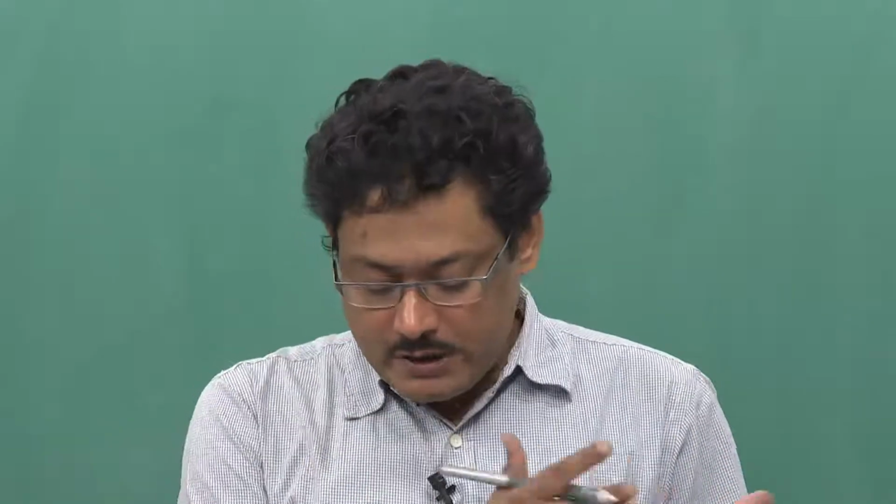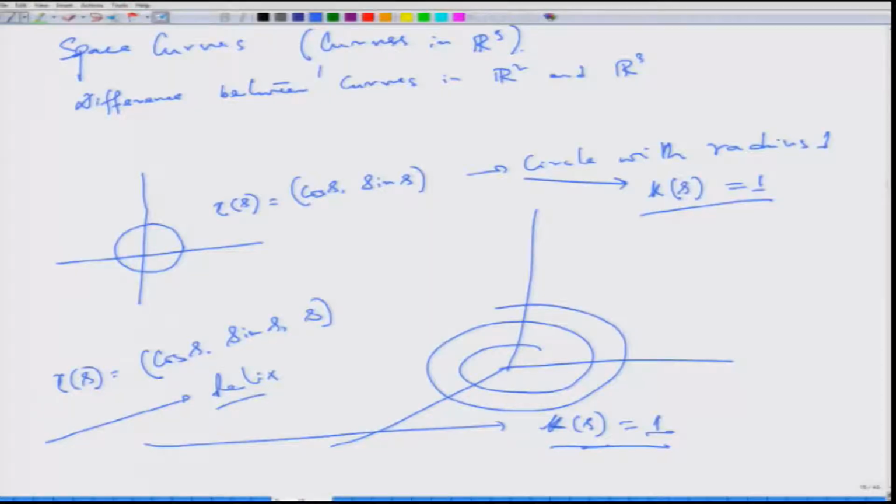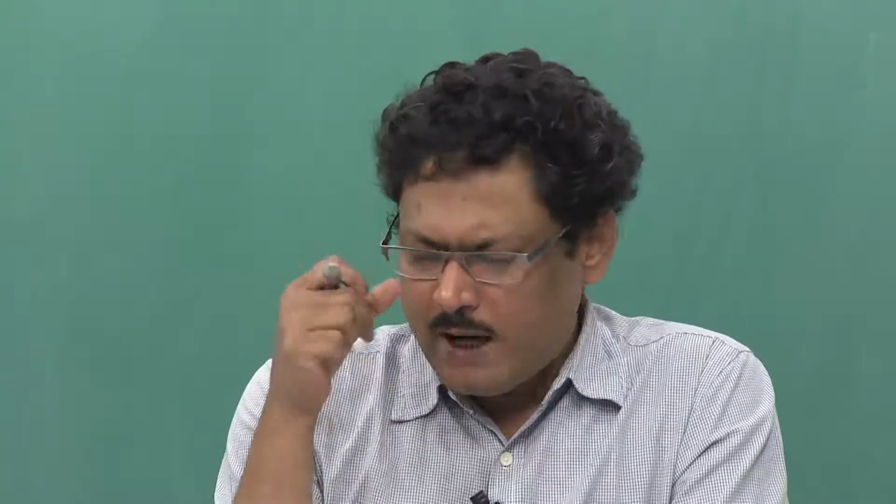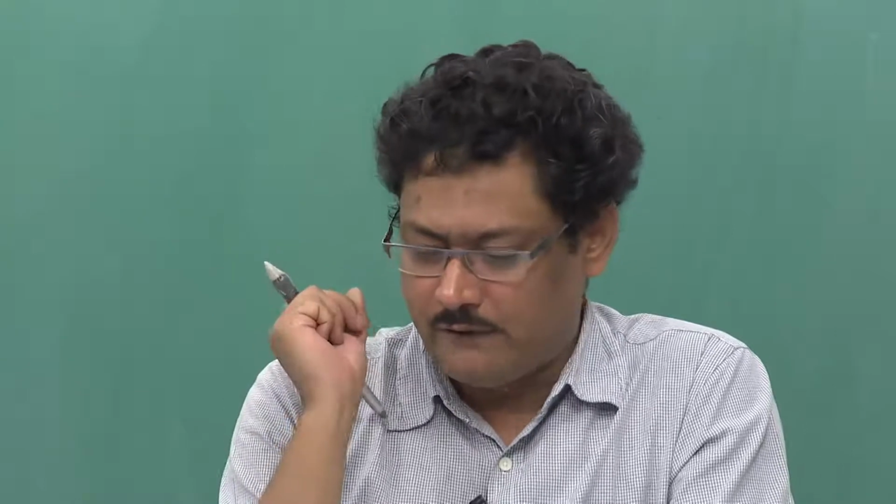But as you see in the previous example, in R3, if I have the same sign curvature of two curves, I can never map through any rigid motion of R2 or R3 a circle into a helix. A circle cannot be made into a helix by any translation and rotation. So, to study curves in R3, we need to define some more quantities, some more invariants of the curve.